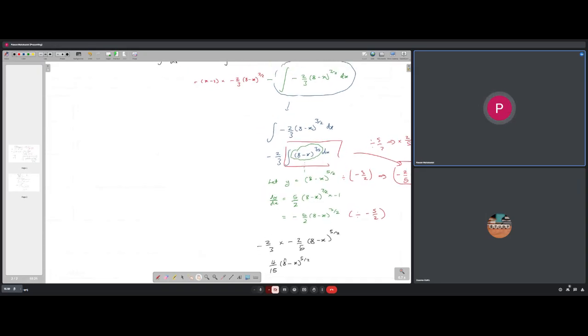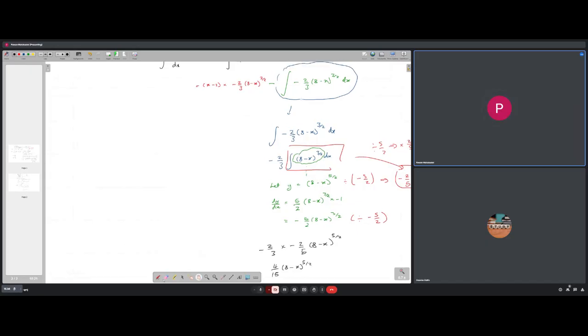Because now from this point forward, we can just put that back into this. We figured out that integral, so now we have x minus 2. One thing that I can definitely, actually, no, I can't do that yet. Now I can put that back in, so you got minus 4 over 15, 8 minus x, 5 over 2.